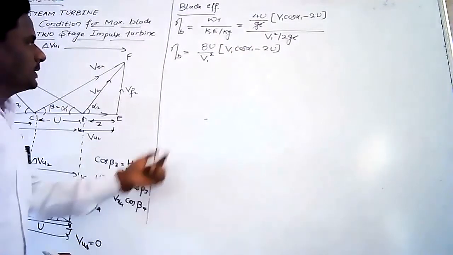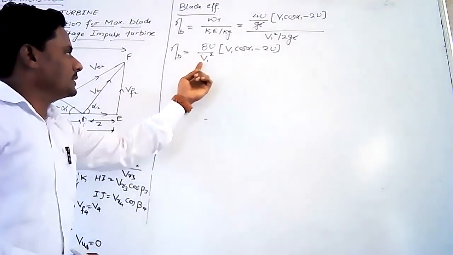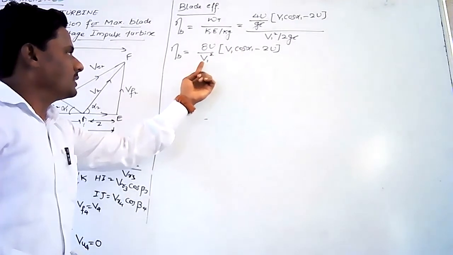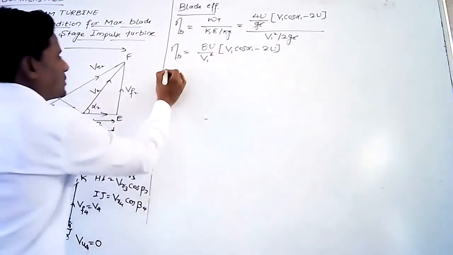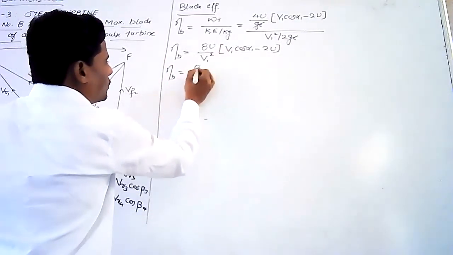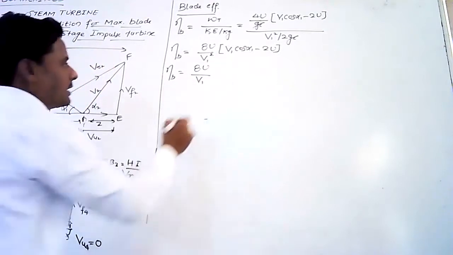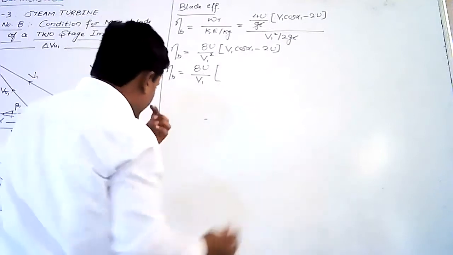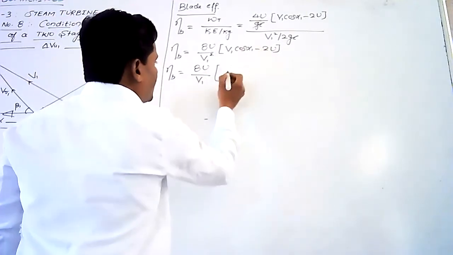Now here I can multiply the denominator V1 into the entire bracket. So eta B, listen here carefully, is 8u by V1; I'll keep one V1 outside the bracket and multiply the other V1 into the bracket term.